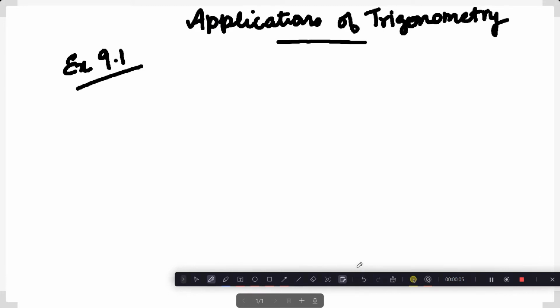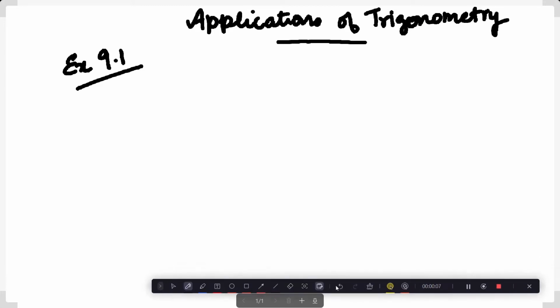So welcome back to day 2 of applications of trigonometry. We introduced this chapter. It is basically a continuation from the previous chapter on trigonometry, how we are using the trigonometric ratios and trigonometric ratios of certain angles in real world applications.